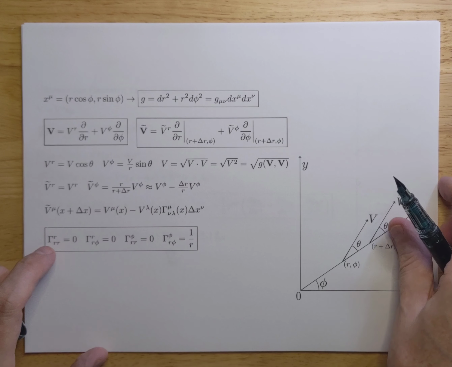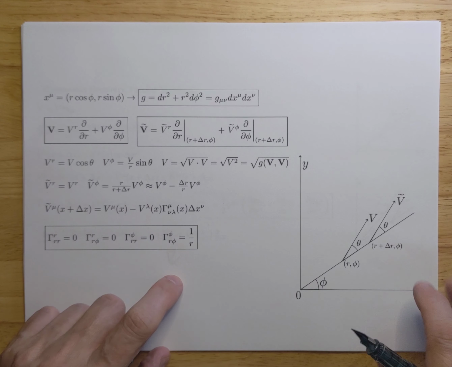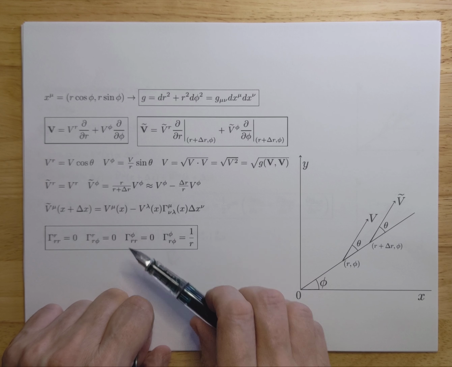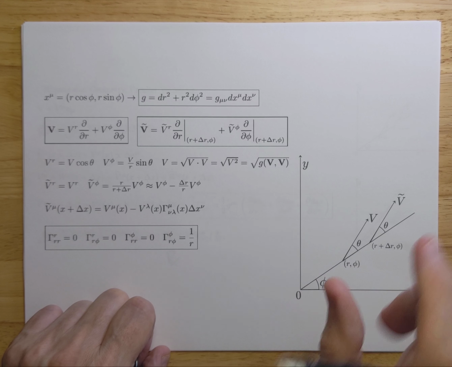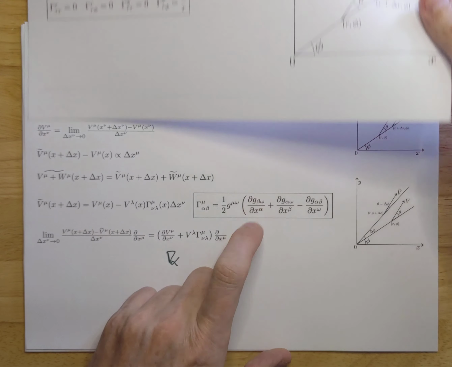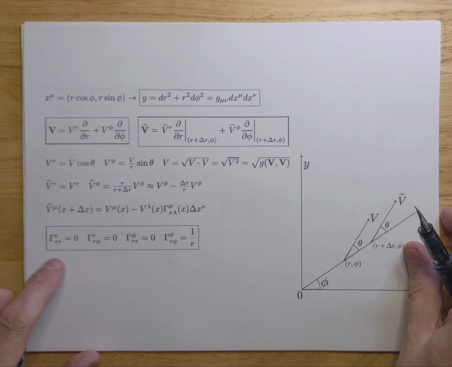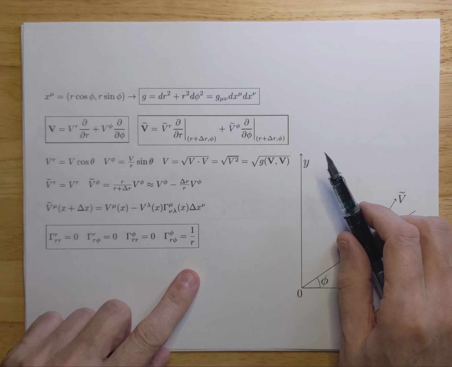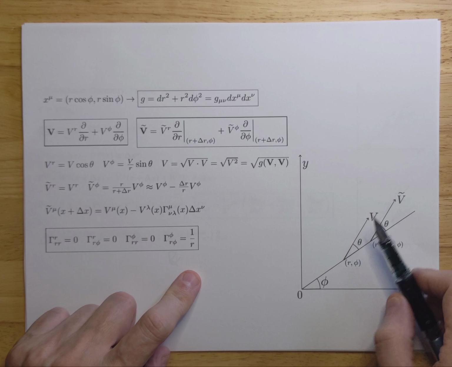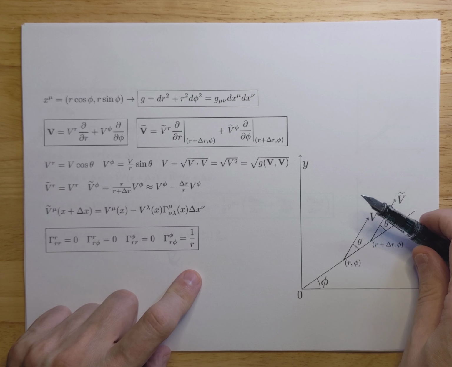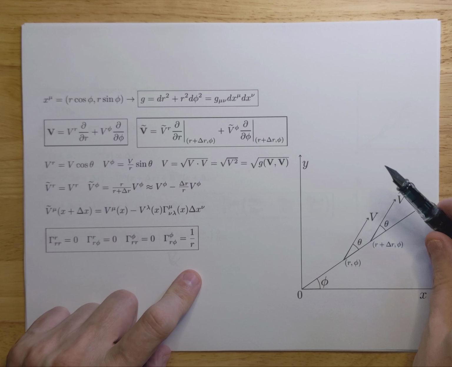So we have this example which we are going to explore to see how these connection coefficients can be calculated without using that formula that I gave. We're just going to use the definition and see what happens in a picture. Okay, and I think that's very insightful, and it gives you a lot of insight into what parallel transport really is and what covariant differentiation really is.